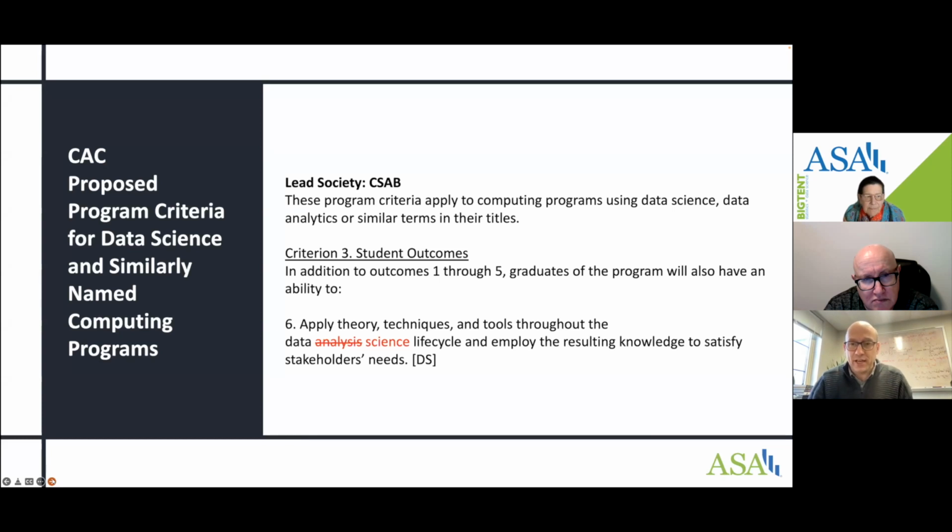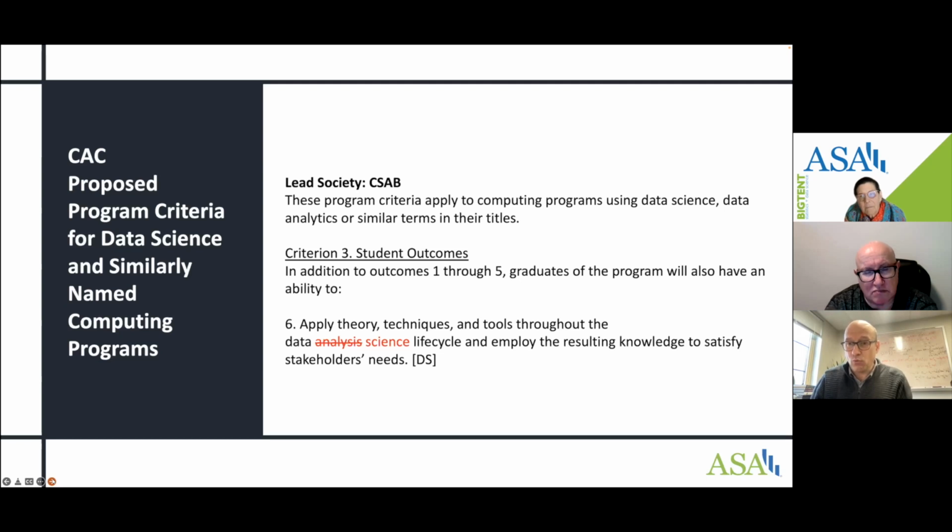Another thing that I'll point out about these slides is that they reflect some of the changes that have taken place over the past year. That's as a result of public comments and questions that have come in, and also, quite frankly, a lot of direct input from ASA.